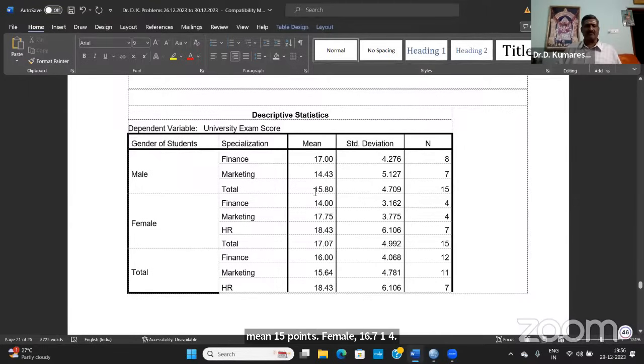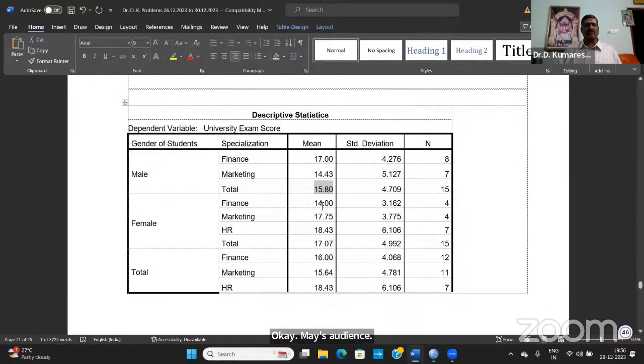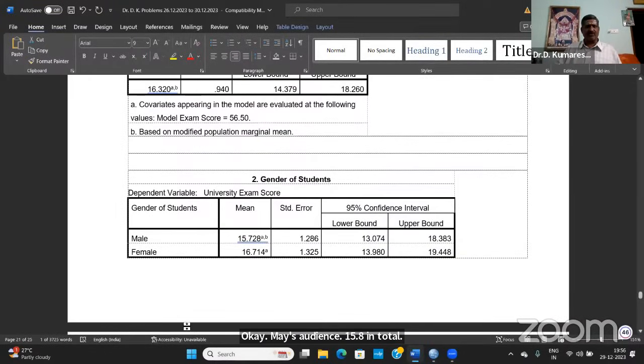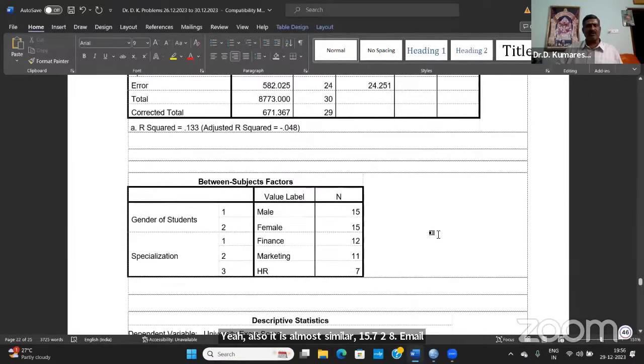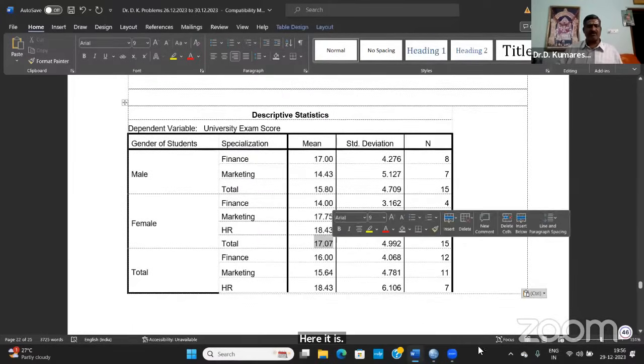Look at here. Male students, 15.8 in total. Here also, it is almost similar, 15.728. Female, 16.714. Here it is 17.07.